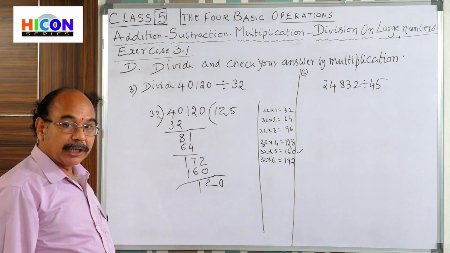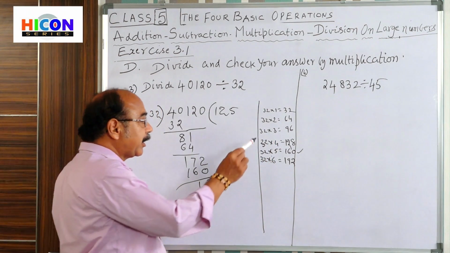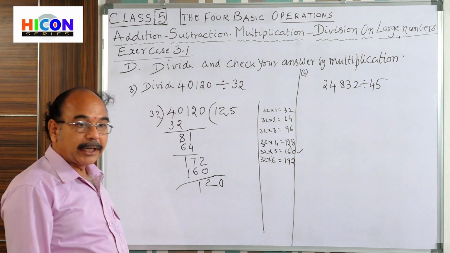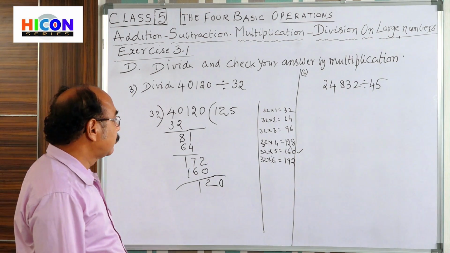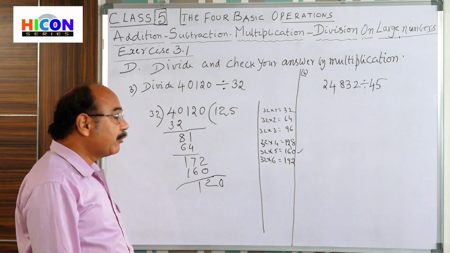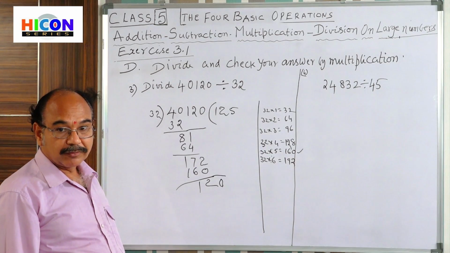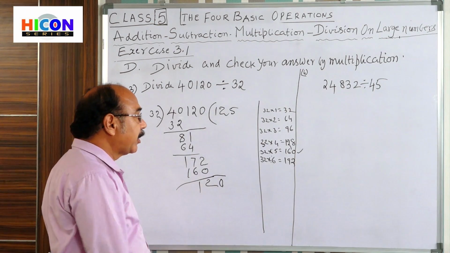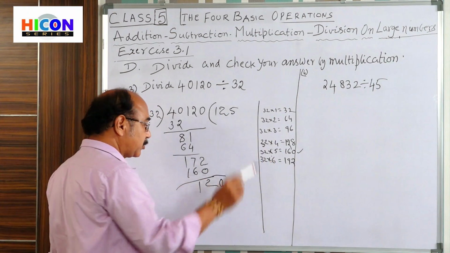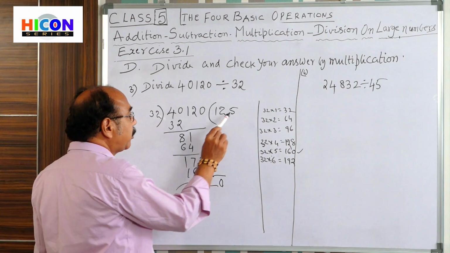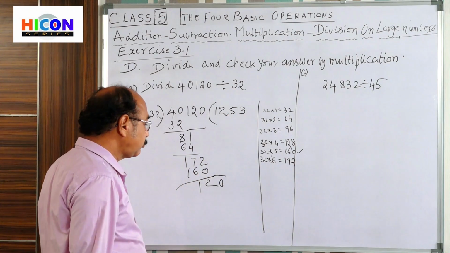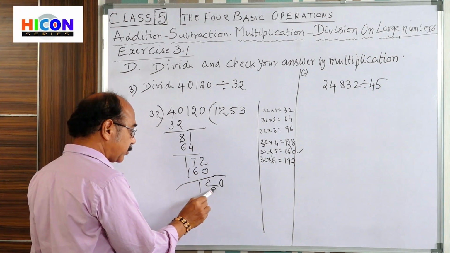So how many times can you take here, 3 times or 4 times? 3 times only. If you take 4 times, you get a bigger number than this. That's why you take 32 threes, which are 96.